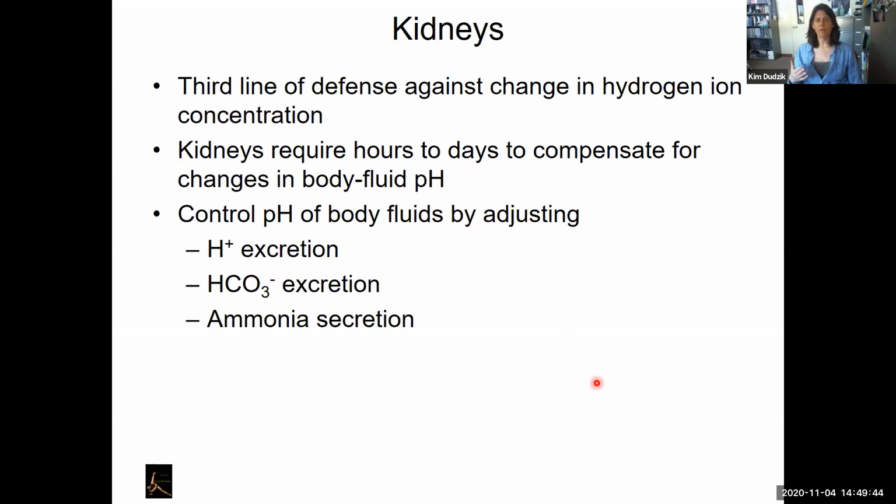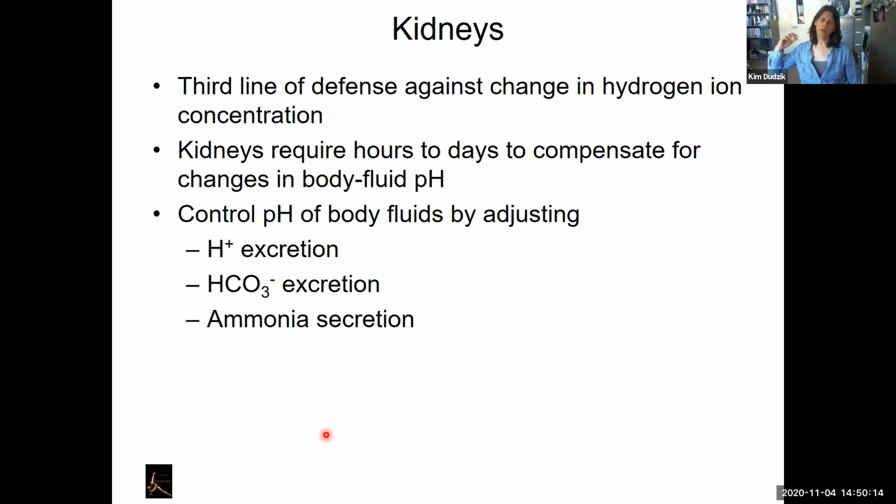And remember that at the kidney, we filter bicarbonate as well. If we're too alkaline, then we can excrete that bicarbonate out of the body as well. We can also secrete ammonia. Ammonia can become toxic very quickly, and so we may want to excrete ammonia out of the body. All of these things really help to control the pH, so the kidneys will kick in and do that if necessary.